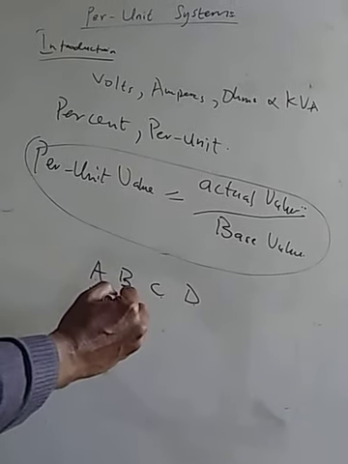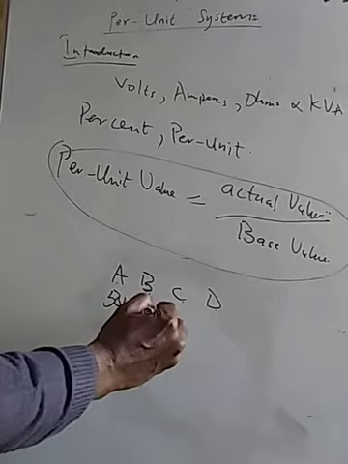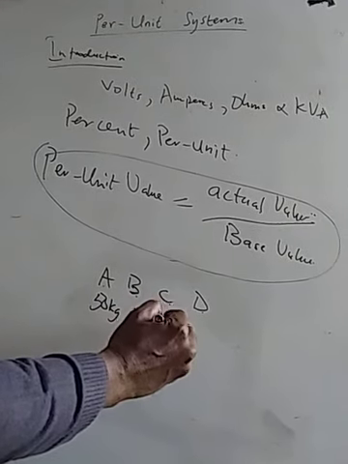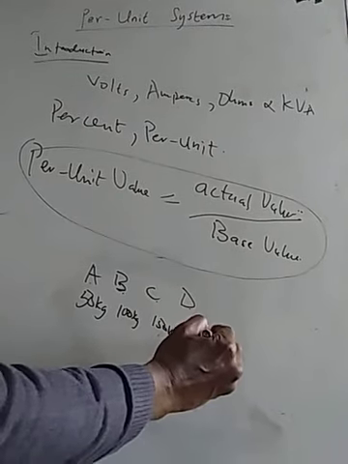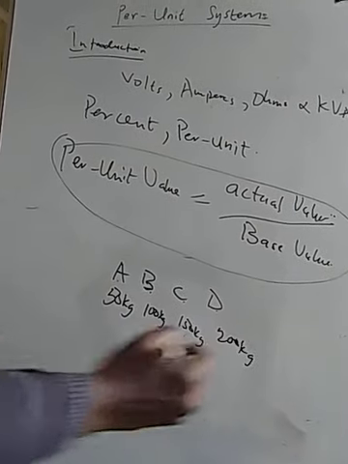Mr. B weighs 100 kg. Mr. C weighs 150 kg. And Mr. D weighs 200 kg.